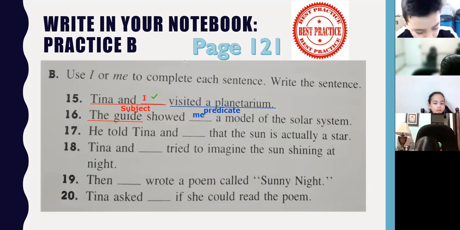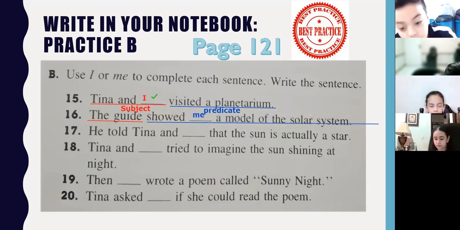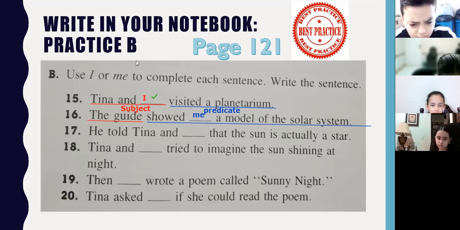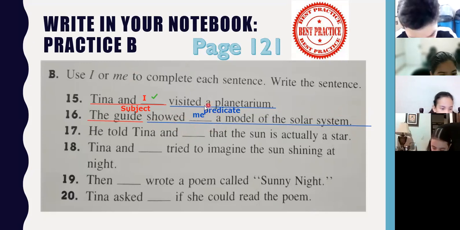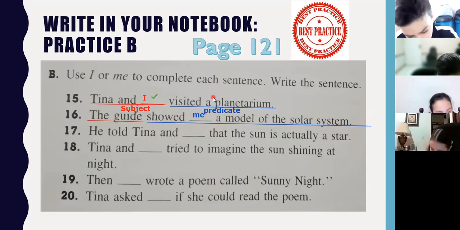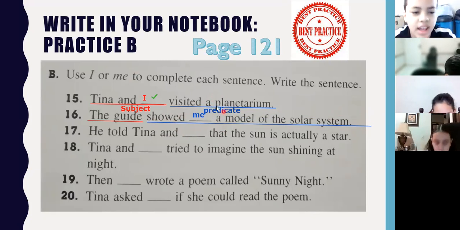I'm using the color blue to show you the predicate. All of this is the predicate. And in the summary, you copied that we use me or us if we are talking about the predicate of the sentence. So we're looking for the pronoun that is in the predicate. So we use me for that reason. I is in the subject, me in the predicate.